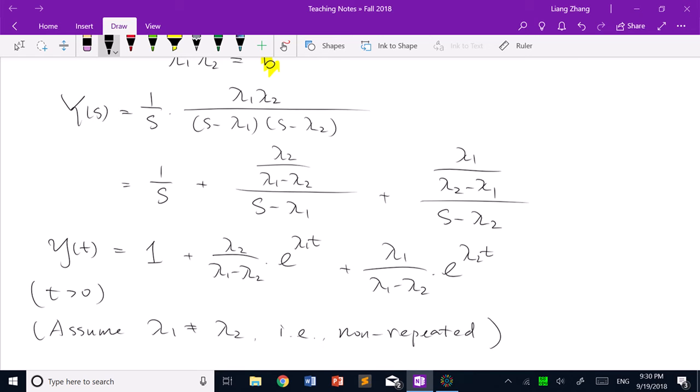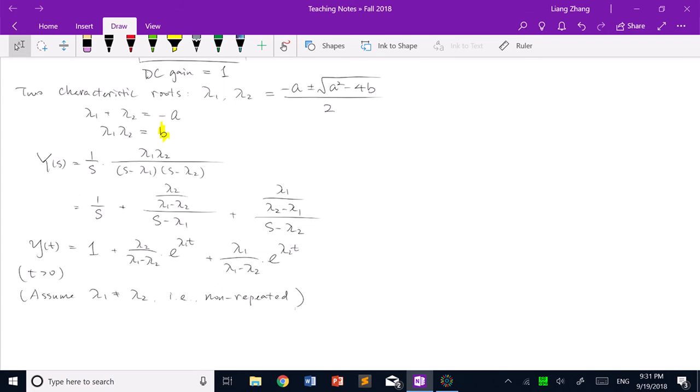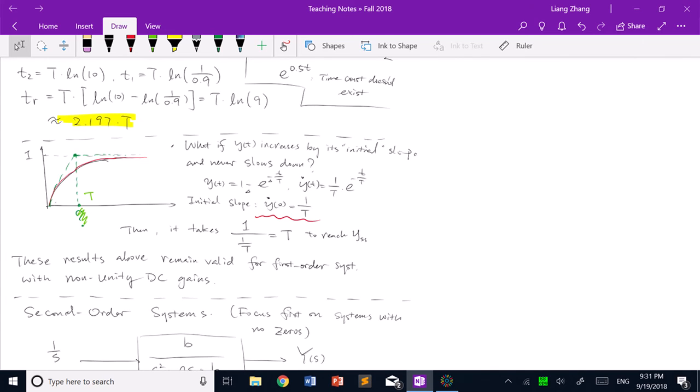So this is the time response of a second order system in mathematical form, assuming the two roots are not repeated. Then of course we should really understand, given this mathematical form, what the transient response looks like as a function of time.